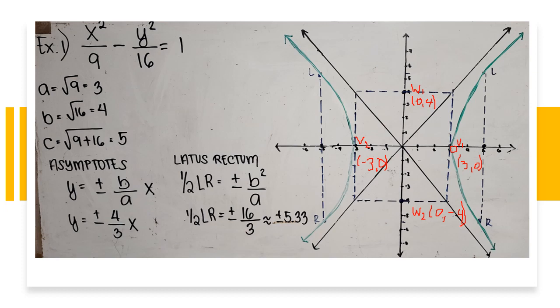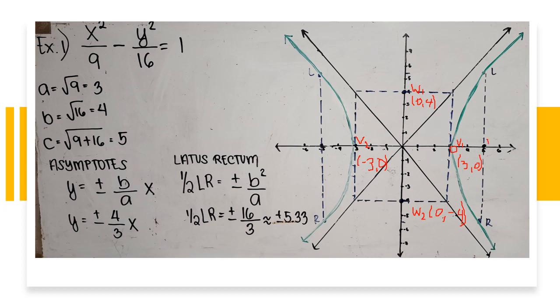So you just get the sum of the square root of 9 and 16. So that is the square root of 25, and that is equal to 5. From there, you just count again from the point of origin. You count along the x-axis 0, 1, 2, 3, 4, 5. There you have it, guys.